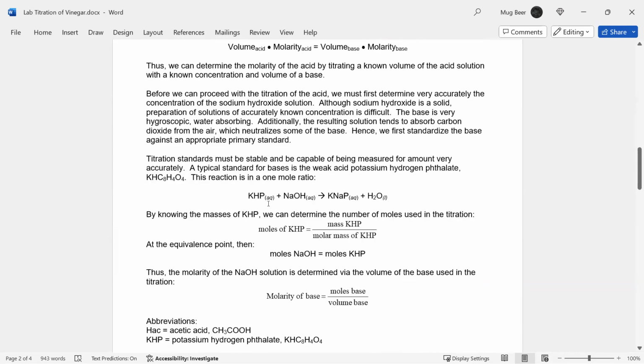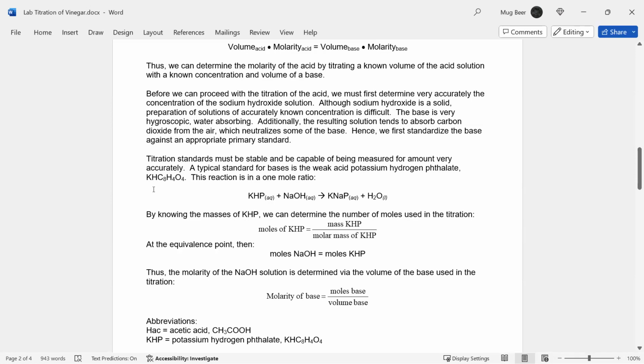Okay, so we're going to be using this stuff, KHP, which is potassium hydrogen phthalate. Phthalate is one of the polyatomic ions I didn't have you guys memorize, and this is its actual chemical formula. And the nice thing about this salt is it's not hygroscopic. It doesn't absorb moisture out of the air. So whatever its mass is, you know what its mass is. So what you're going to do is you're going to make some of this stuff, and then you're going to titrate this stuff.